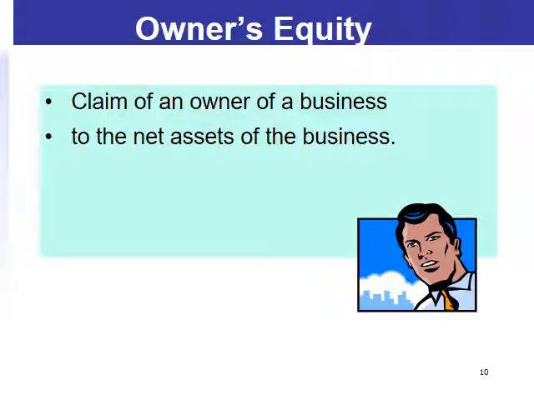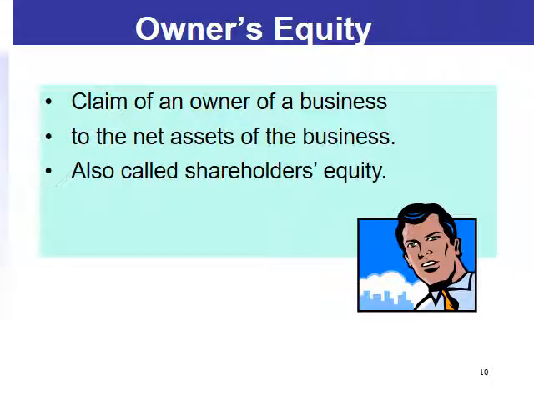Next, we look at owner's equity. It is a claim of an owner of a business to the net assets of the business. It is also called shareholders' equity. The example is share capital.